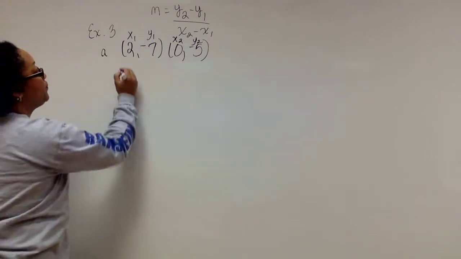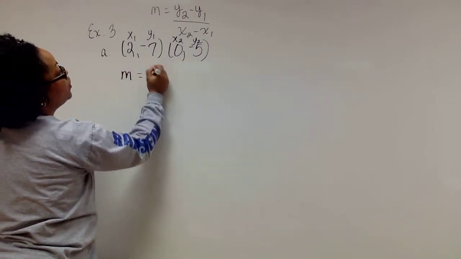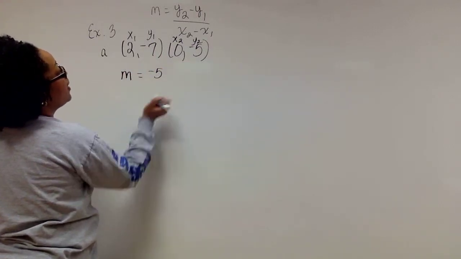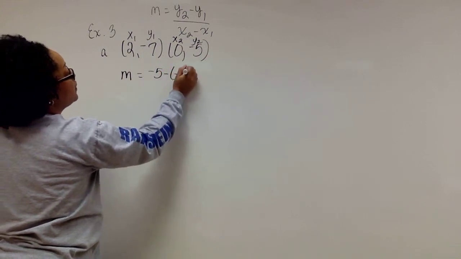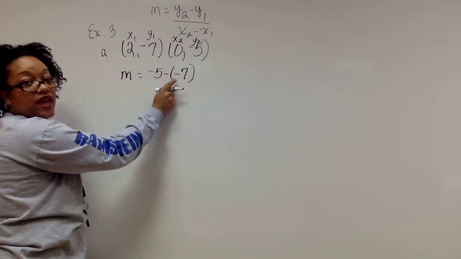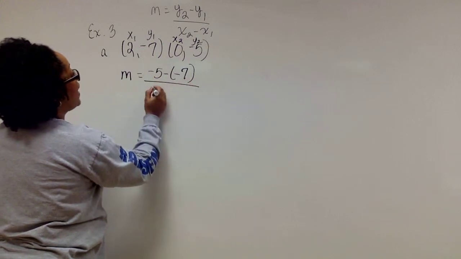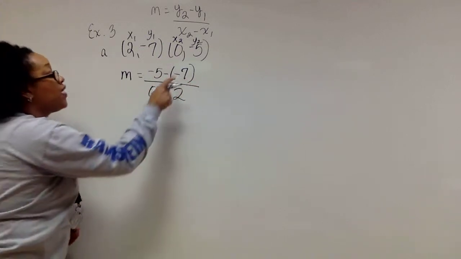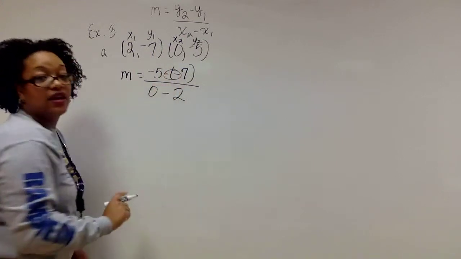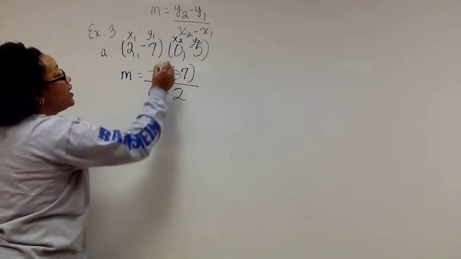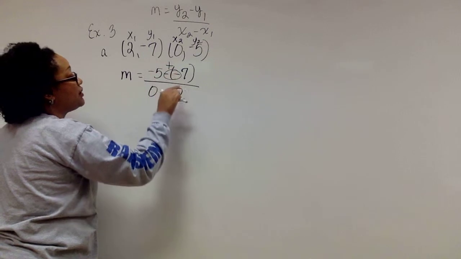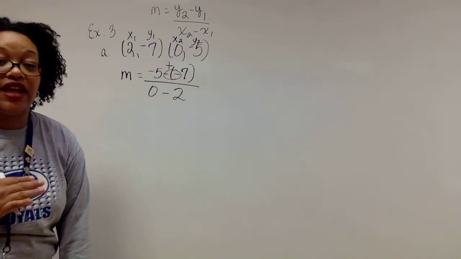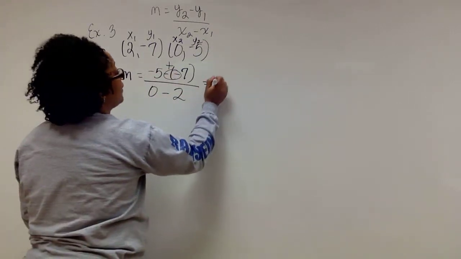Plug and chug. m is equal to -5 minus -7, divided by 0 minus 2. Hopefully everybody knows what this means. Double negative. So instead you have -5 plus 7. Well, I know that -5 plus 7 is +2.